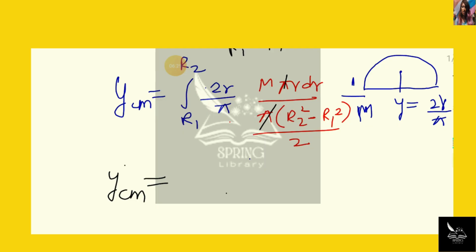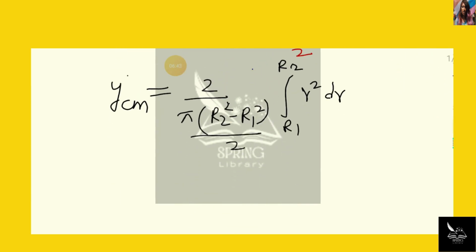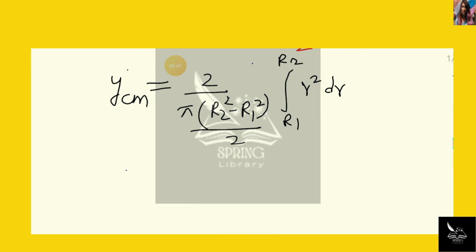After simplifying the constants, ycm is equal to 2 over pi times the parenthesis of r2 square minus r1 square over 2, times the integral from r1 to r2 of small r square dr. Now the next step is to integrate r square dr in this term.